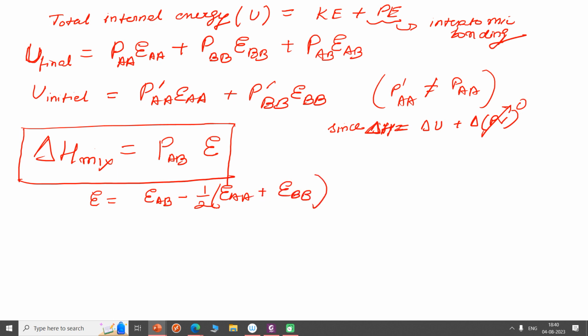We take an average of them. And what's the difference between the bond energy of an AB bond and the average bond energy of the homo bonds? This certainly tells us that my enthalpy change on mixing is non-zero, right?